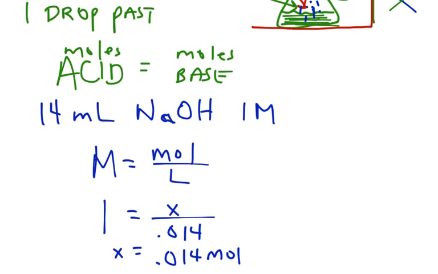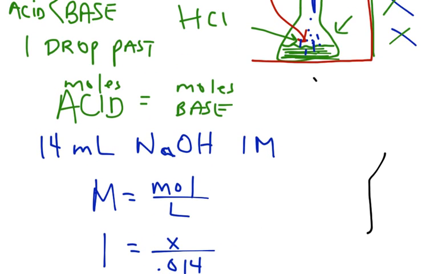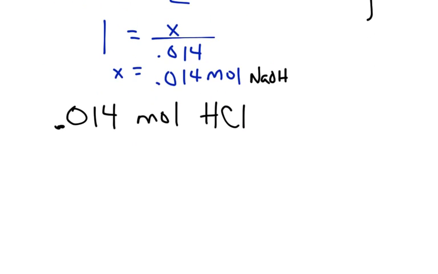Then I can go 1 step farther. This is my base, this is my NaOH. But we said that the equivalence point is where your base is equal to your acid. So that means I must have had 0.014 moles of hydrochloric acid. And if I knew that there was originally, say, 25 milliliters of that hydrochloric acid in there, then I could say, molarity is moles per liter.